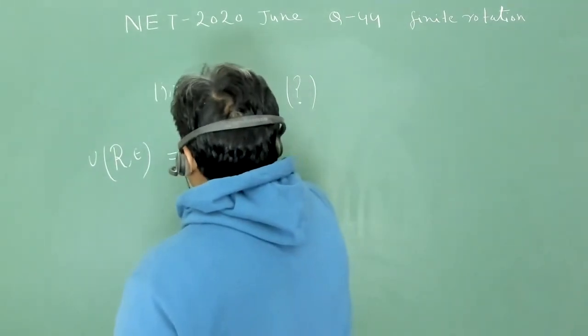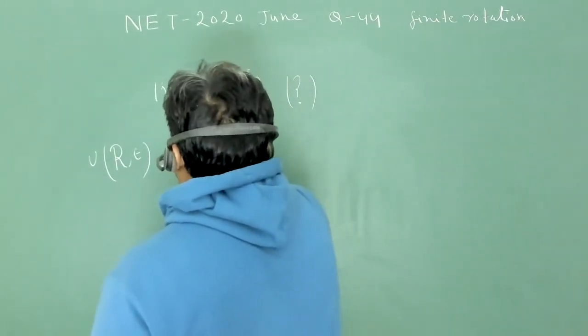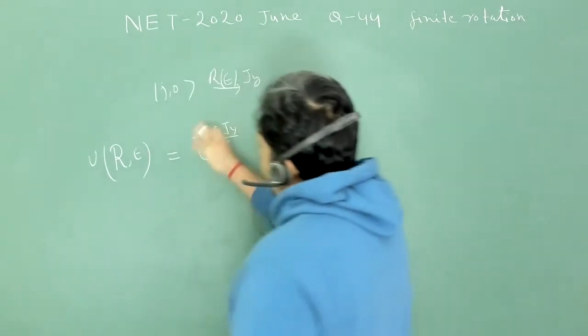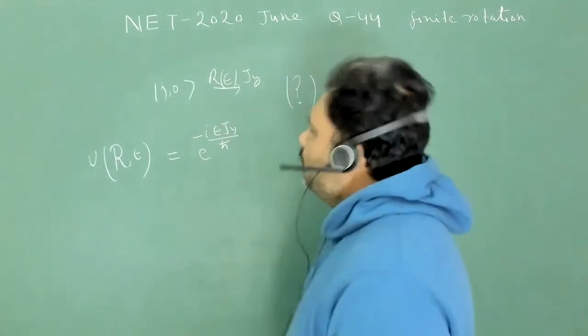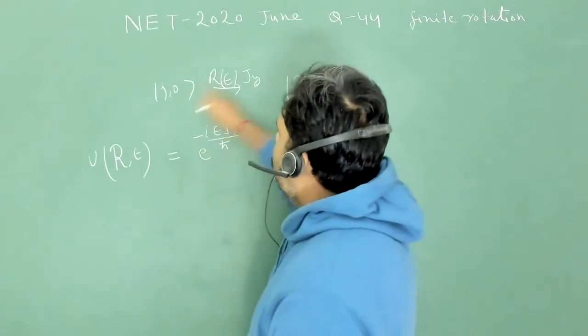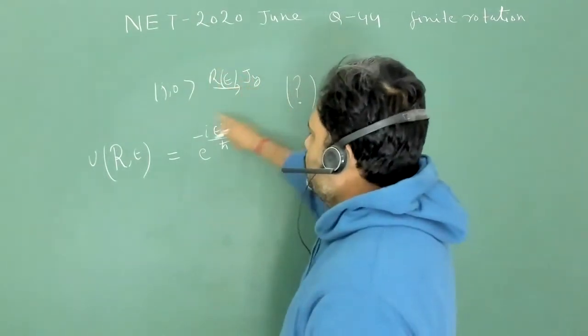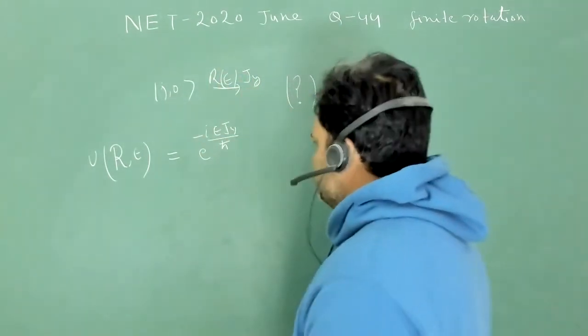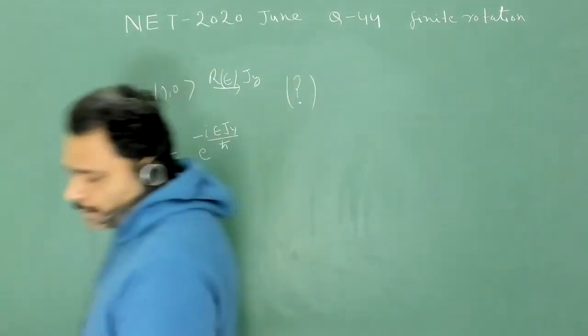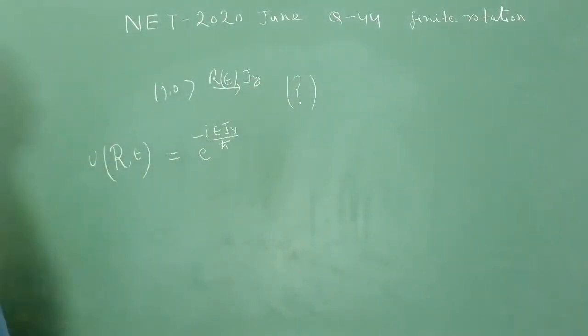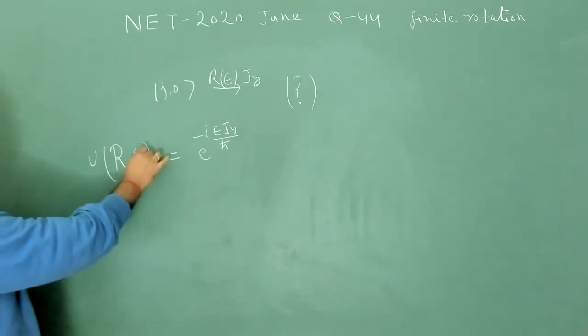So we can assume that this matrix will do this particular operation, and it is unitary in nature. We can easily check it. Obviously we put the y direction here also.